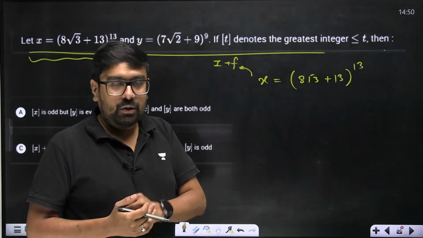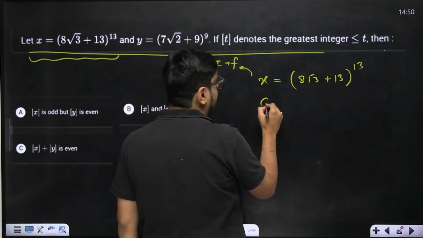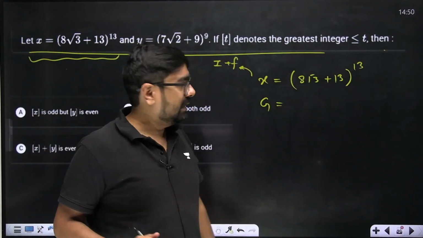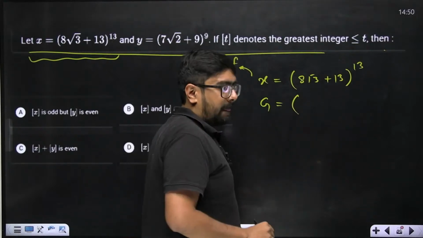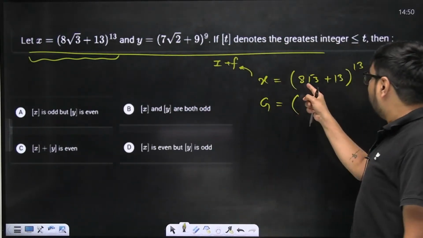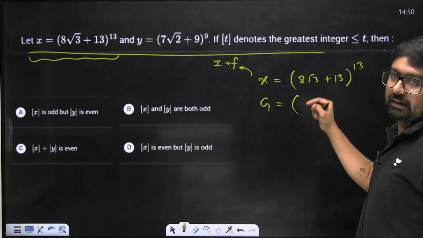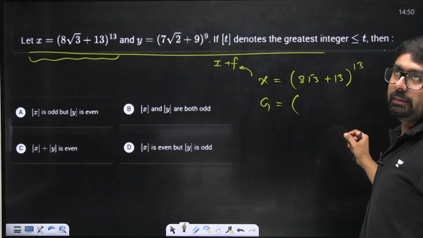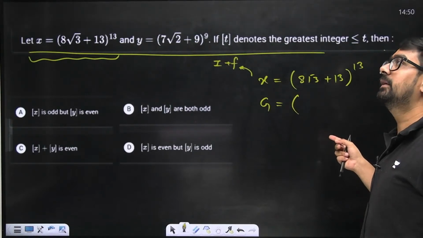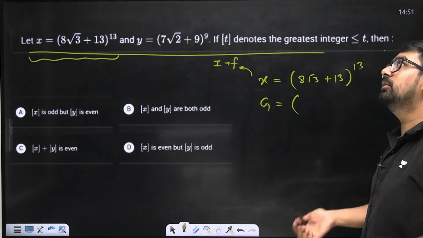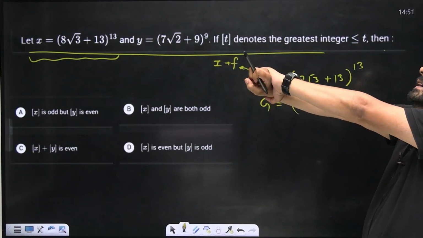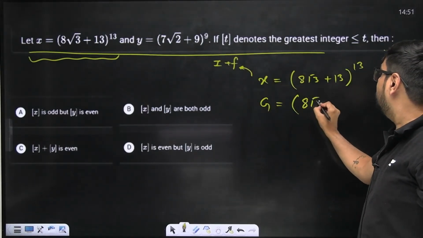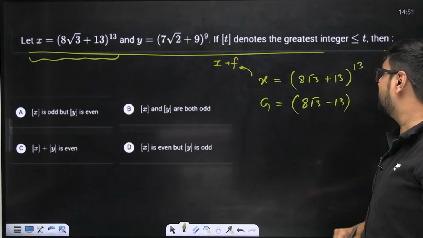Next step is, you define some number g. Just define. What will g be? g will be a number where we'll do 8 root 3 minus 13 or 13 minus 8 root 3, whichever is positive. In this case, 13 squared is 169, 8 root 3 squared will be 16 into 3, 192. So this will be greater. So you will do 8 root 3 minus 13. You are defining this number.